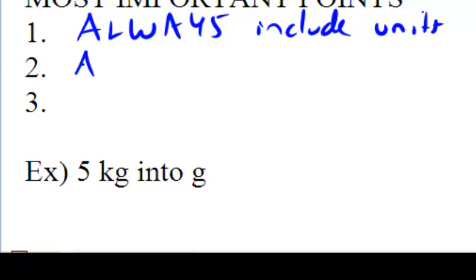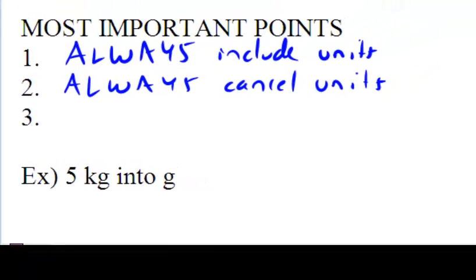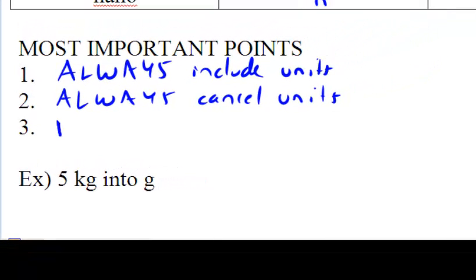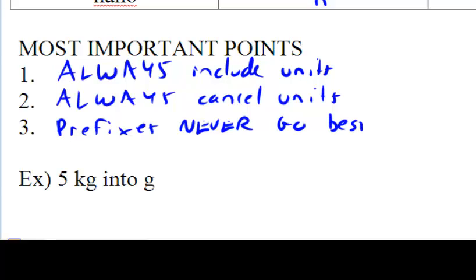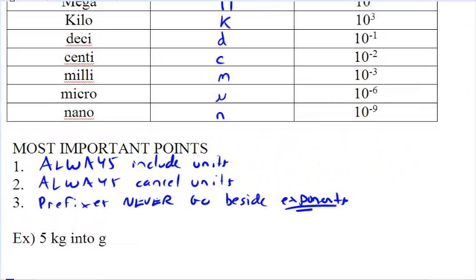Number two, always cancel units. And number three, the prefixes never go beside the exponents. Okay, they're never going to be beside each other, and you'll see what I mean in a minute.